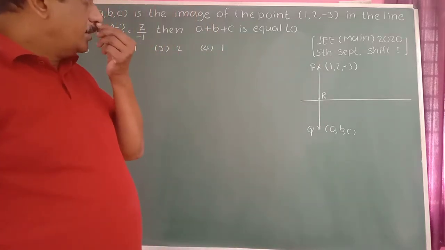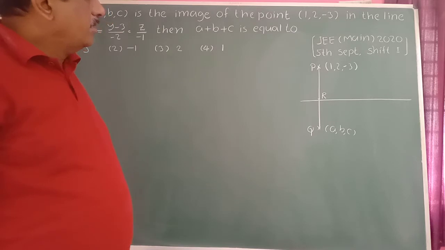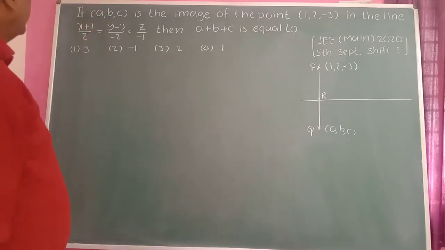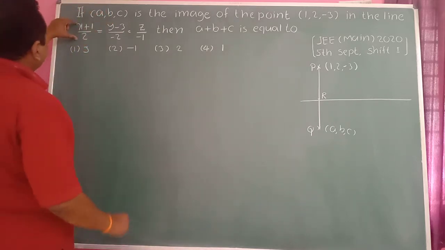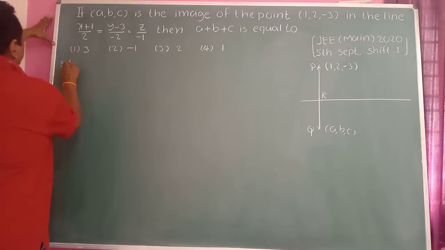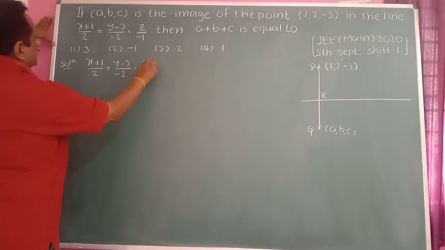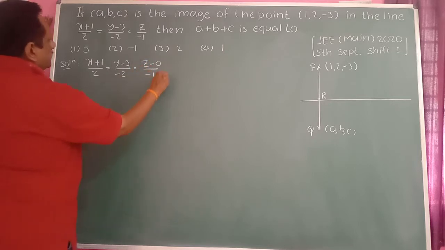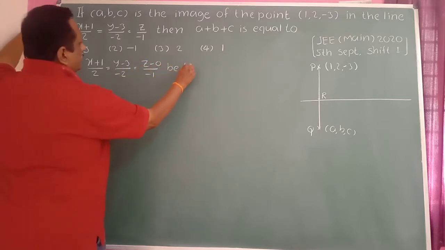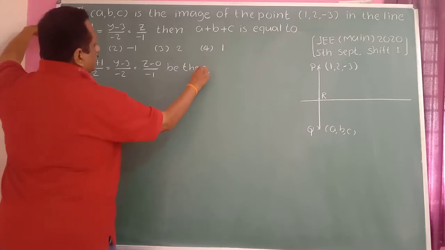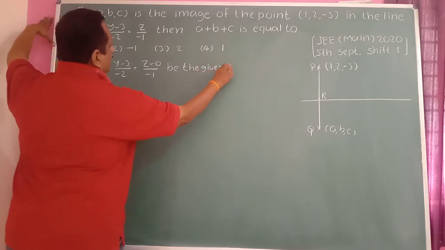In this case, the direction ratios of the given line. Take the solution: (x plus 1) divided by 2 is equal to (y minus 3) divided by minus 2 is equal to (z minus 0) divided by minus 1 be the given line.